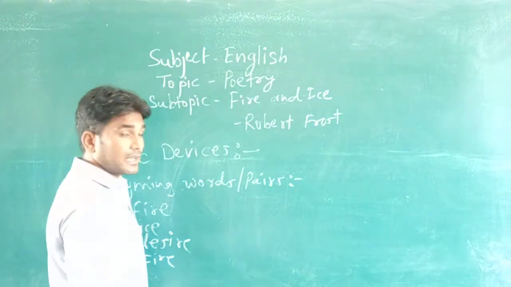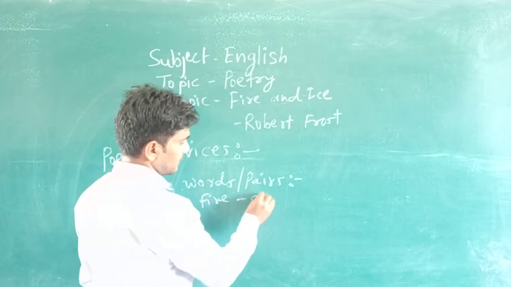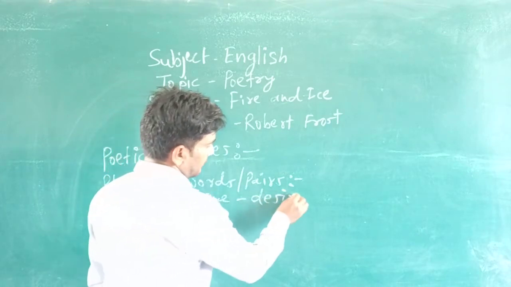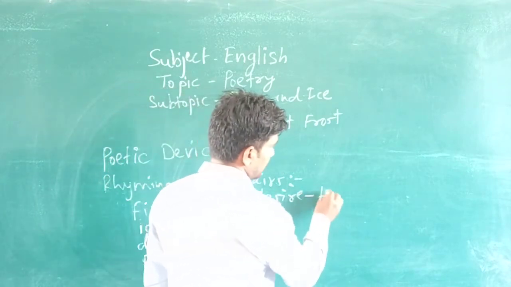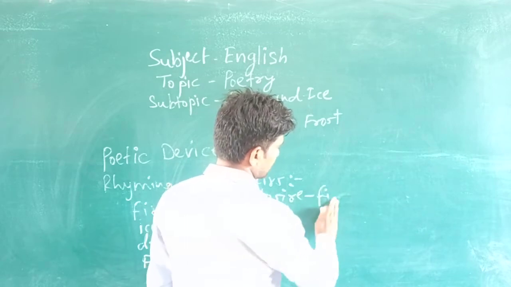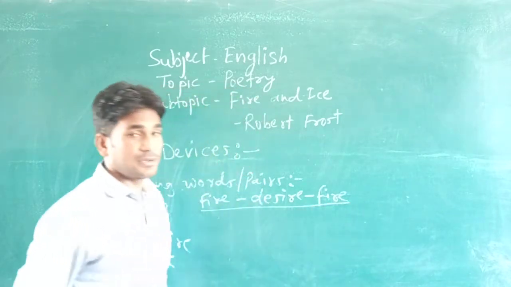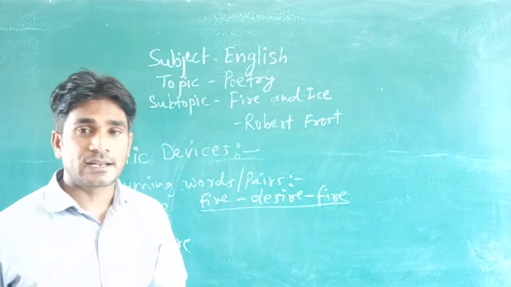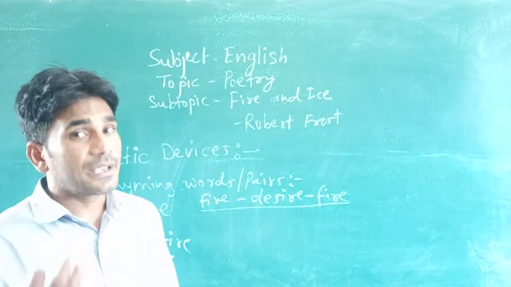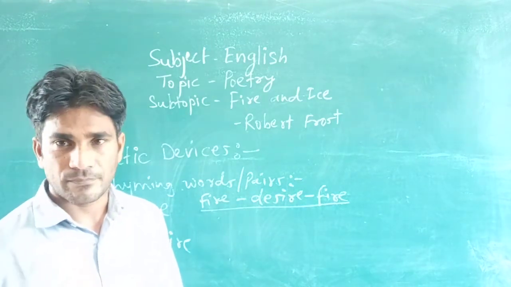So you should write like this: fire, desire and fire. These are the rhyming words or rhyming pairs of the first stanza.